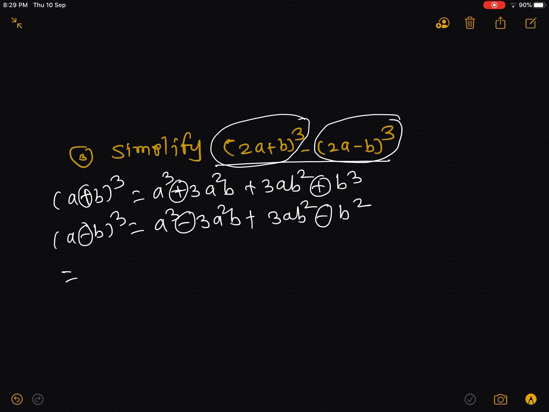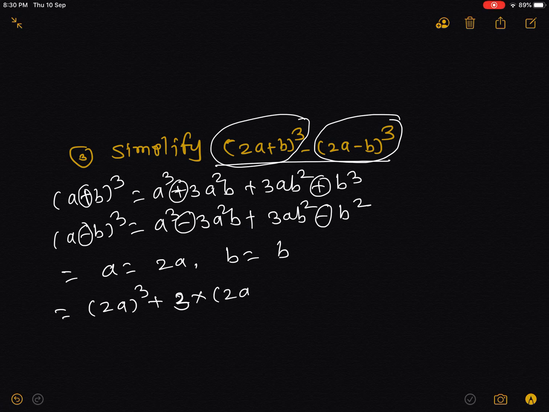We expand (2a + b)³. First, the value of a is 2a, the value of b is b. a³ is (2a)³ plus 3, a² is (2a)² into b, plus 3ab², that is 3 into 2a into b², plus b³.